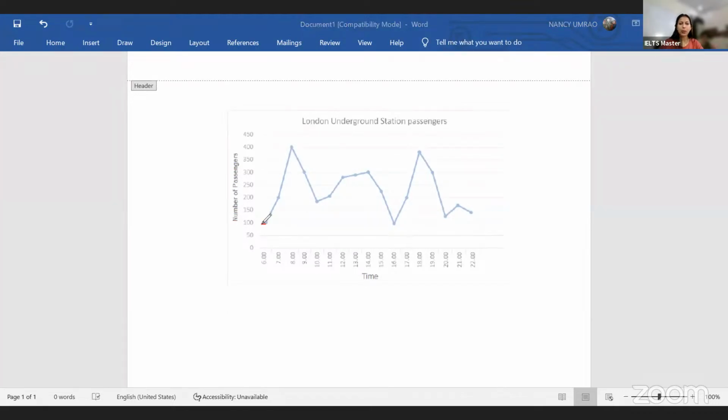You can see at 6 o'clock, 100 persons are using the station, right? Then till 9 o'clock, this graph increased rapidly. This graph shows a rapid increase, okay? And reached at the highest point with 400 people using the station. After 8 o'clock, this graph plunged. Plunged means reduced. At 10 o'clock, less than 200 people are using the station.